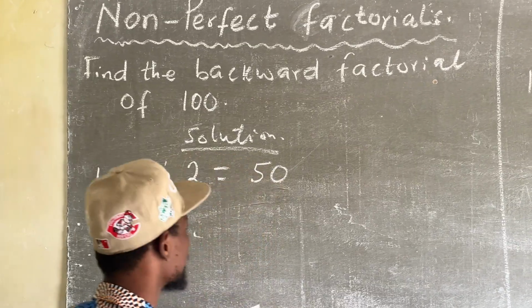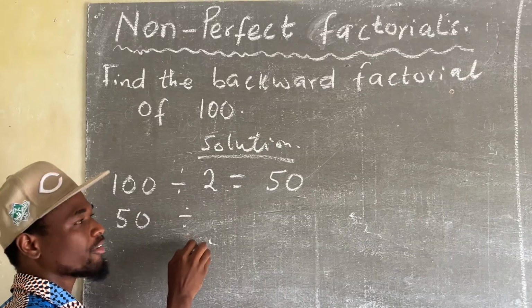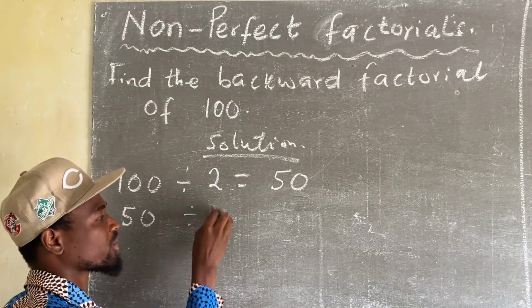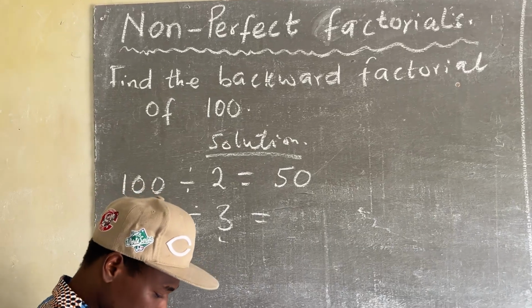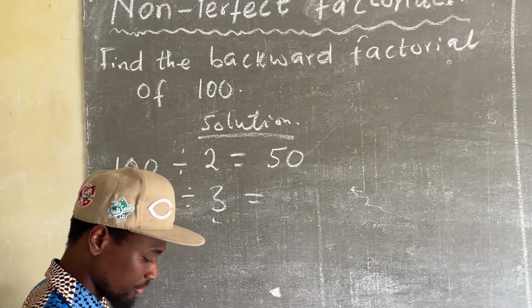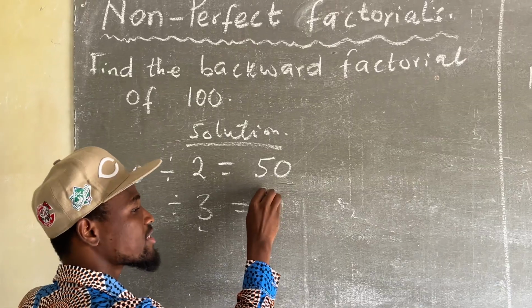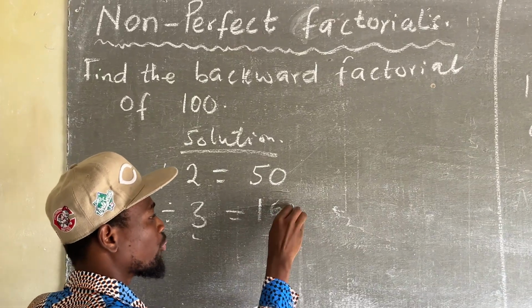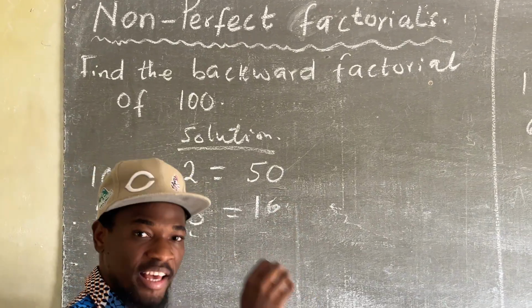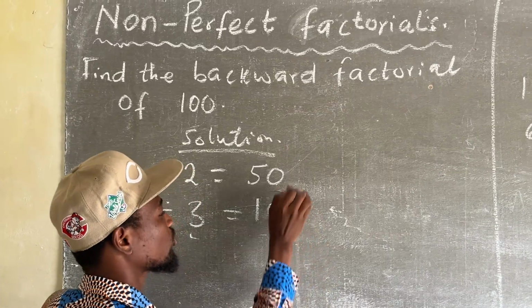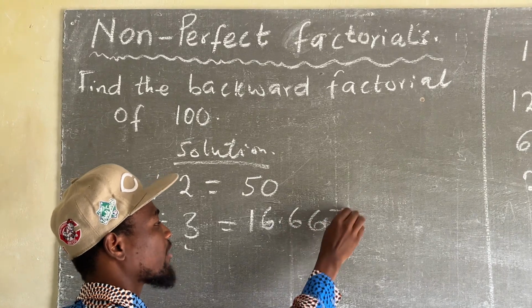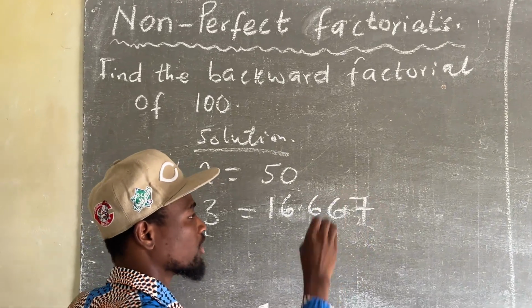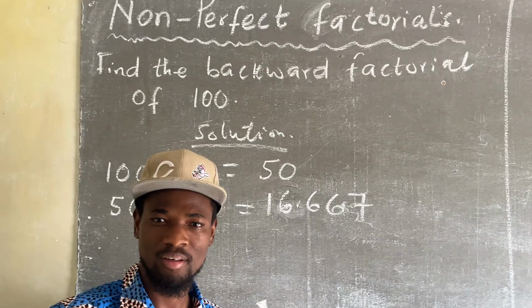Let's see. 50 divided by, viewers, the next number after 2, which is 3. So we have 50 divided by 3. We are getting 16.6667. So viewers, I cannot proceed.